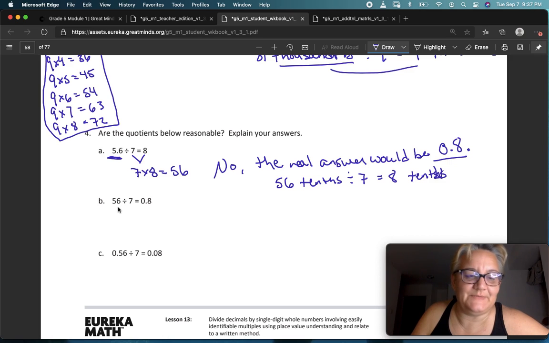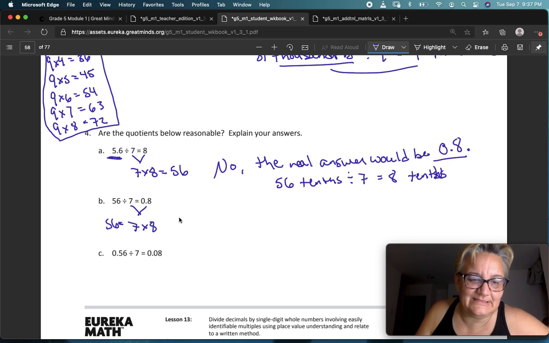All right, let's try this one. 56 divided by 7 equals 8/10. Well, no, we just said that 7 times 8 equals 56. Not 7 times 8/10. That doesn't make sense either. No. 56 divided by 7 equals 8. We know that. That's a math fact. Right? 5, 6, 7, 8.